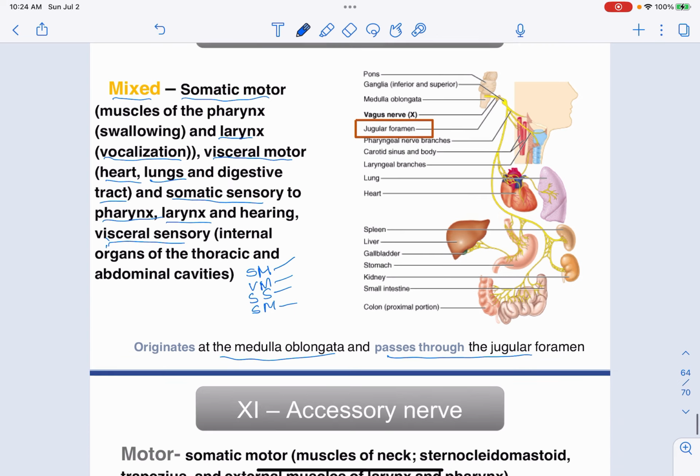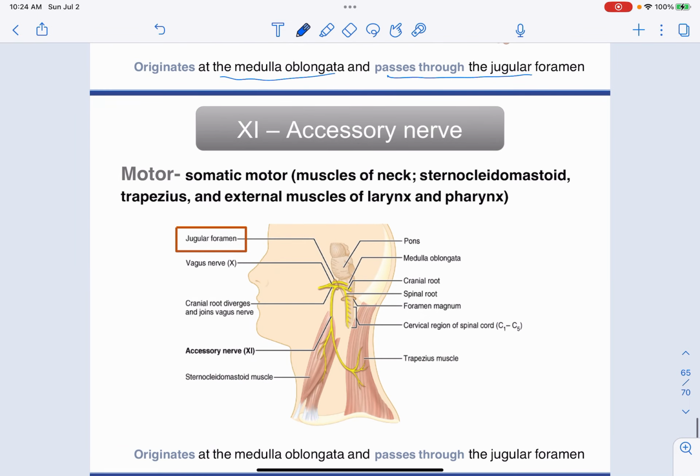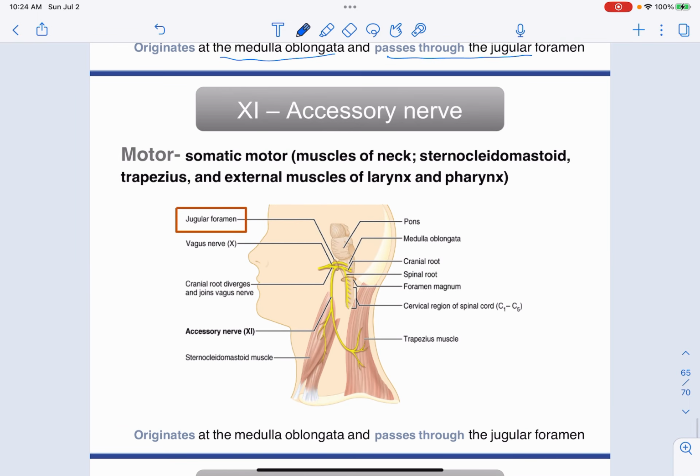All right, let's work on the last two nerves. The 11th cranial nerve is called the accessory nerve. It has motor functions, specifically somatic motor. It is going to innervate some of the muscles of the neck that we went over in Unit 2, such as the sternocleidomastoid, the trapezius, and some of the muscles of the larynx and the pharynx.